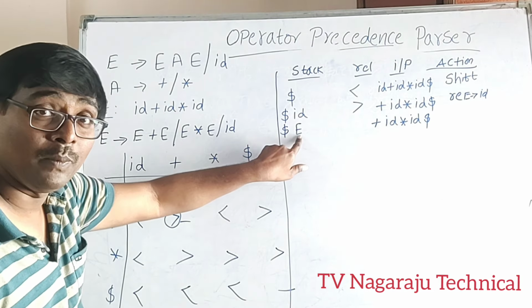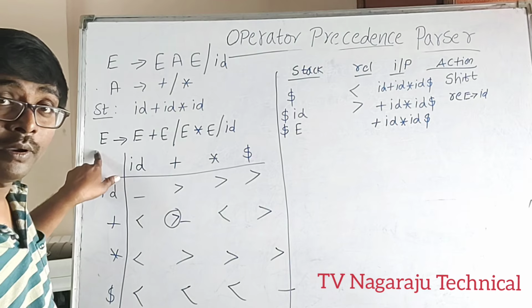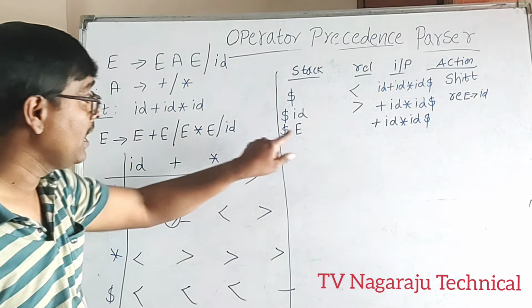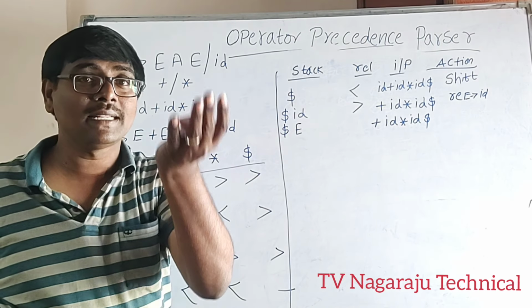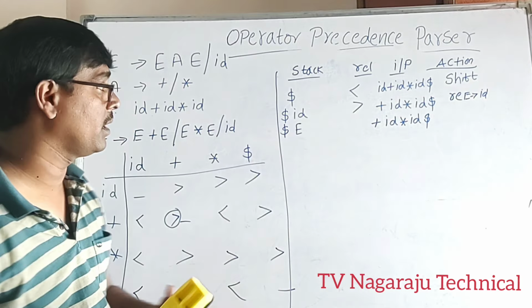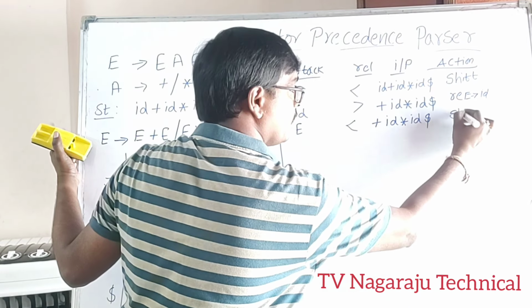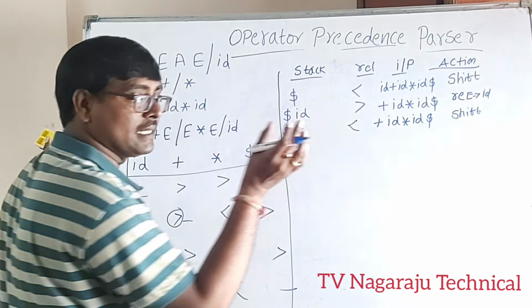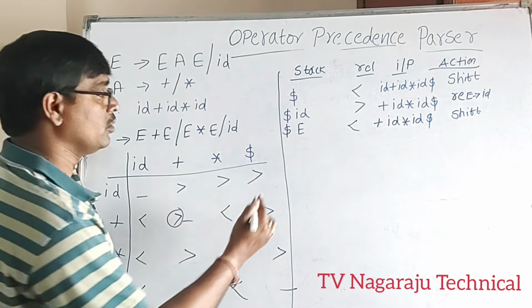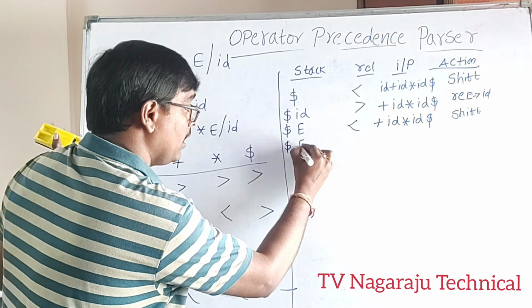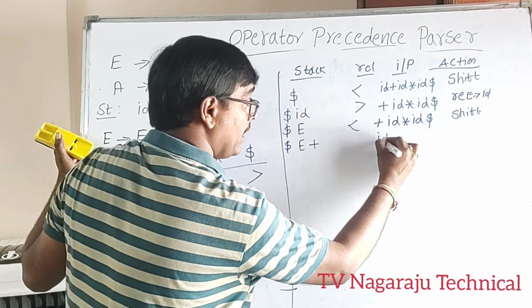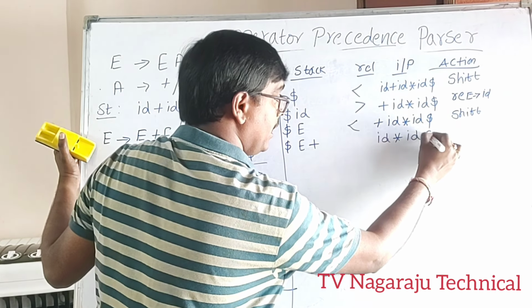Now, here it is a non-terminal, so a direct reduction is not there, and generally the non-terminal has less priority than the terminal. So less than. If it is less than, simply shift. Simple thing: if it is less than, shift; if it is greater than, reduce.